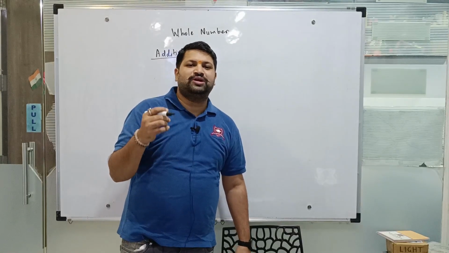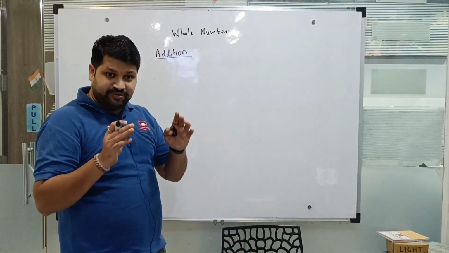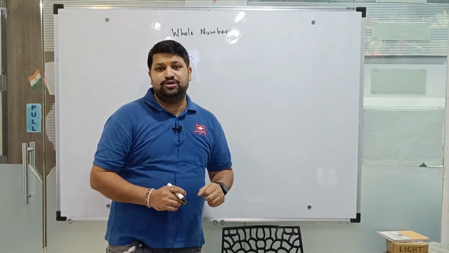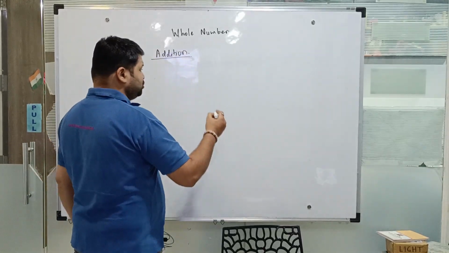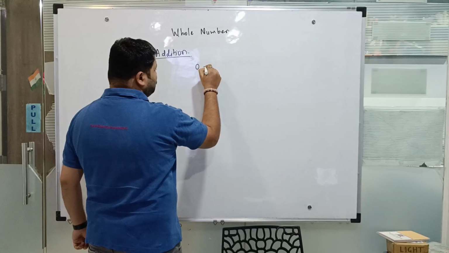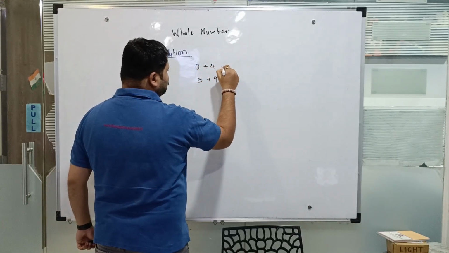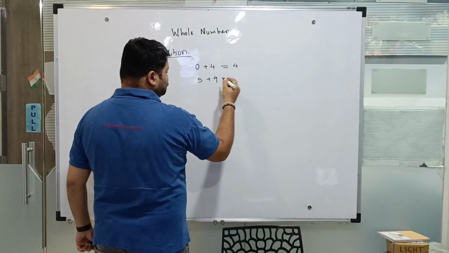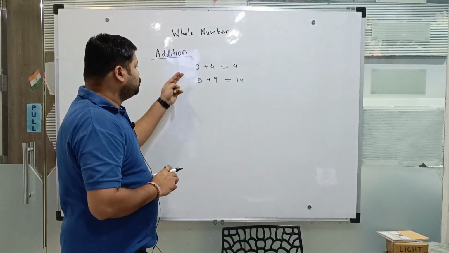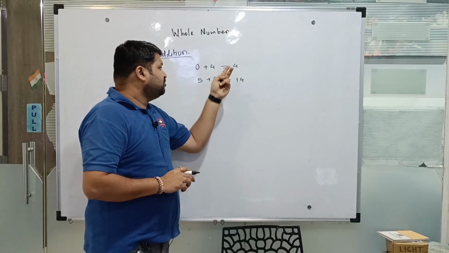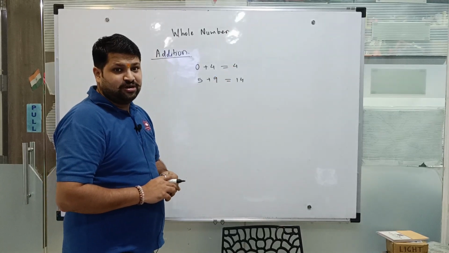When we talk about addition of whole numbers, when we take 2 whole numbers and we add them, the final answer is always going to be a whole number. Suppose we have 0 plus 4 or 5 plus 9. So 0 plus 4 is 4 and 5 plus 9 is 14. 4 and 14 both are whole numbers.